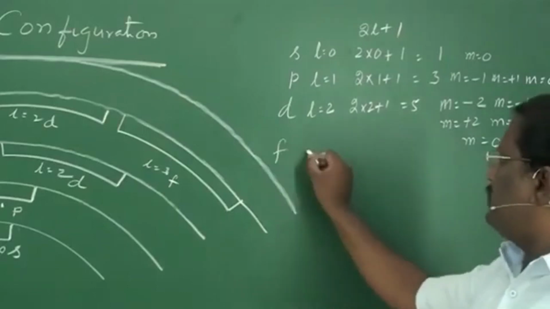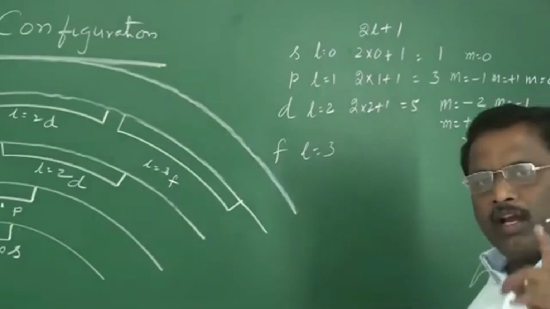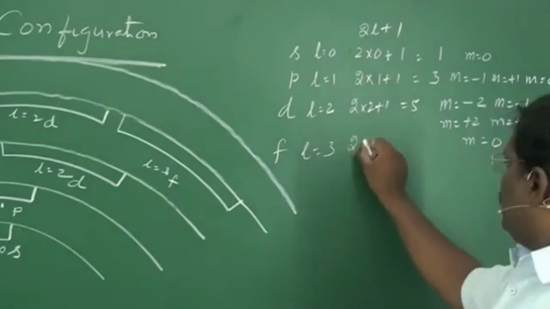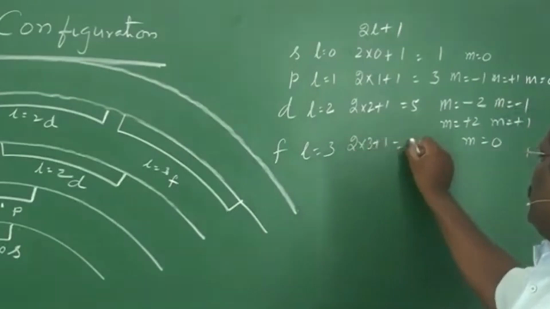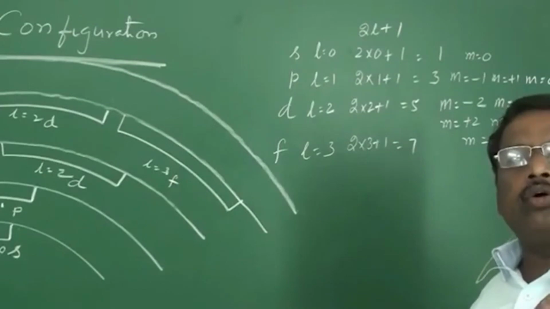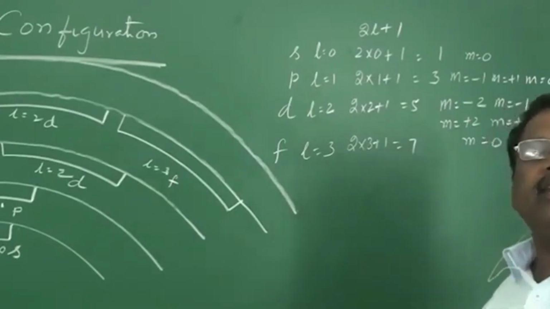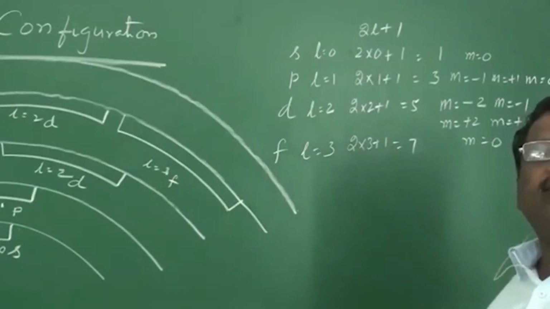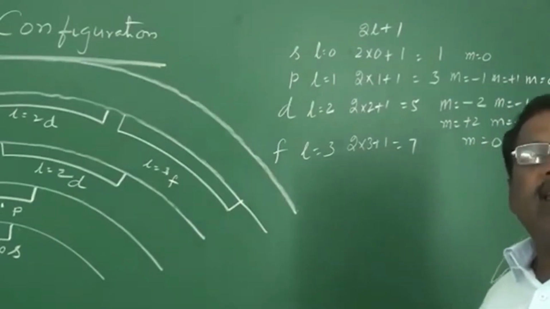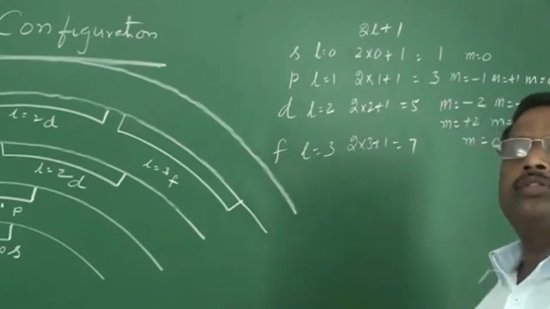Similarly, for F sub-energy level, L is equal to 3. So there are 2 into 3 plus 1 is equal to 7 orbitals. There are 7 F orbitals present in each F sub-energy level, and they have 7 M values.